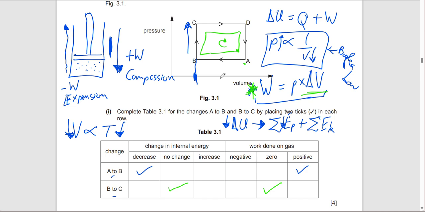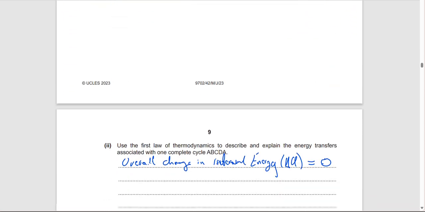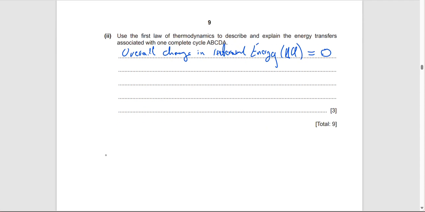Look, from B to C here, the pressure increases. How could the pressure increase when we have constant volume? The pressure law states the pressure is directly proportional to the temperature at constant volume.